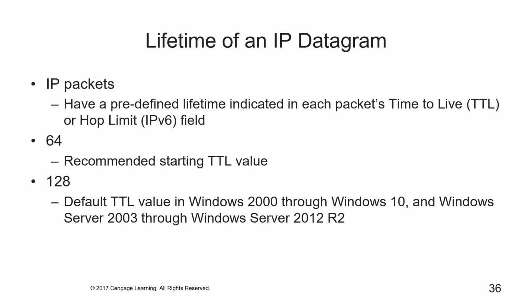So, the lifetime of an IP datagram. IP packets have a predefined lifetime indicating each packet's time to live, or TTL, or hop limit in terms of IPv6. 64 is the recommended starting time to live value. 128 is the default time to live in Windows 2000 through Windows 10, and Windows Server 2003 through Windows Server 2012 R2.